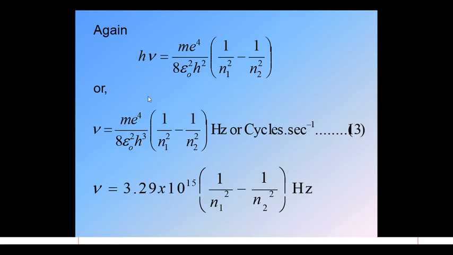So nu is equal to me raised to 4 by 8 epsilon 0 h cube into 1 by n1 square minus 1 by n2 square. This is the frequency, and the unit of frequency is hertz, or cycles per second. You can calculate this constant, and it is obtained as 3.29 into 10 raised to 15 into 1 by n1 square minus 1 by n2 square.